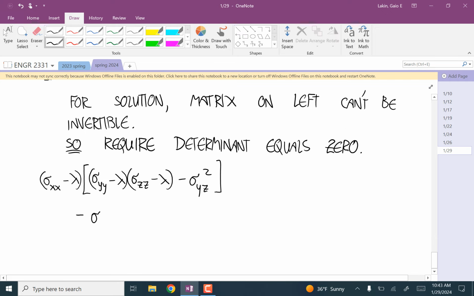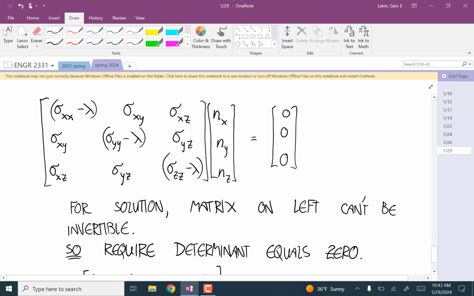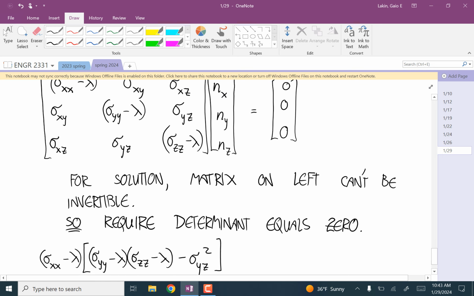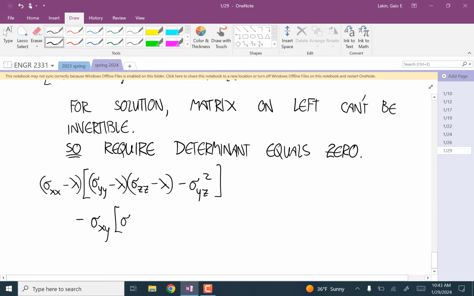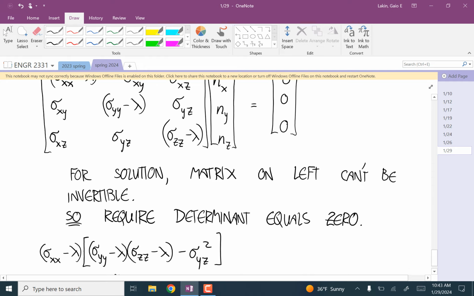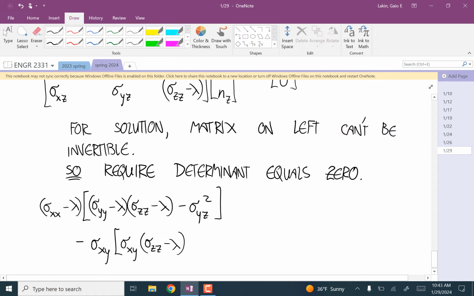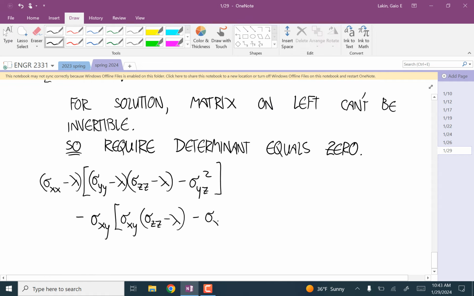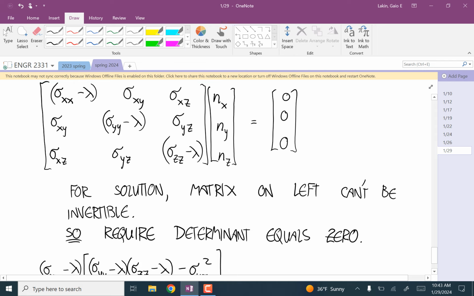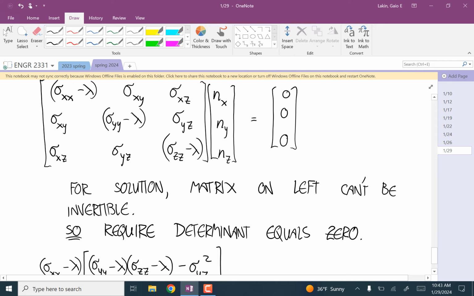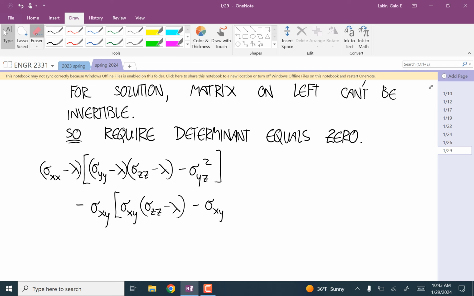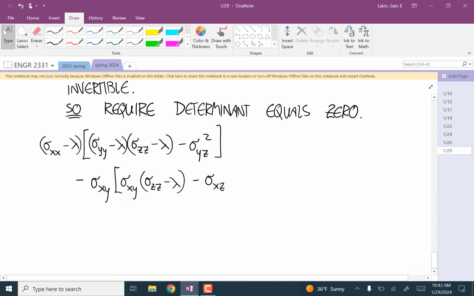So minus sigma xy times sigma xy times the quantity sigma zz minus lambda, minus sigma xy, this should be xz, times sigma yz.